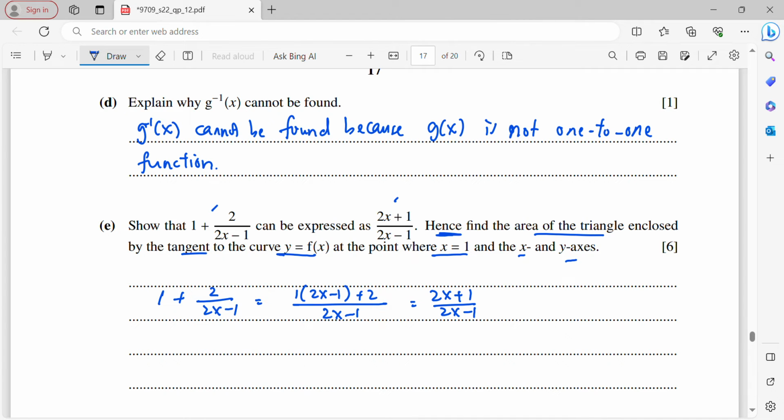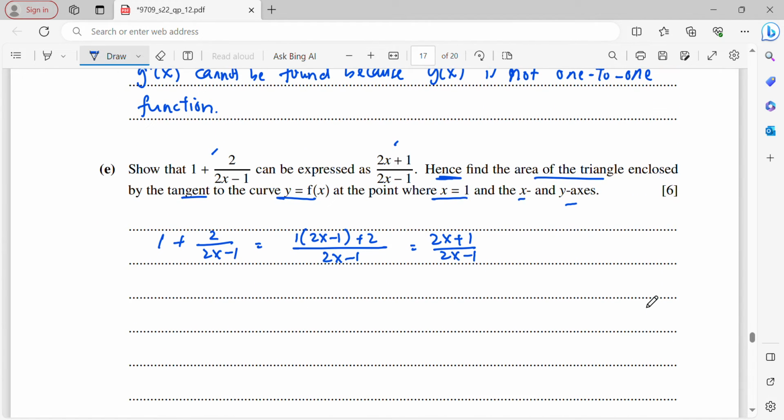Okay, already done. Now, equation of tangent. So now, equation of tangent of y equals f(x) at x equals 1.